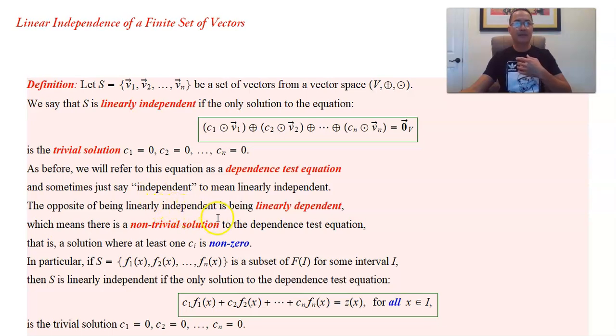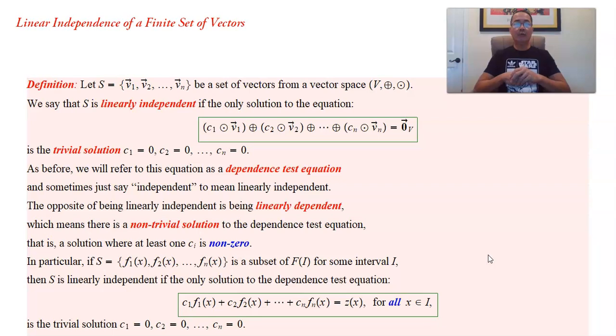The opposite of being independent is again being linearly dependent. So this means that there is a non-trivial solution to the dependence test equation, a solution where at least one of the coefficients is not 0.